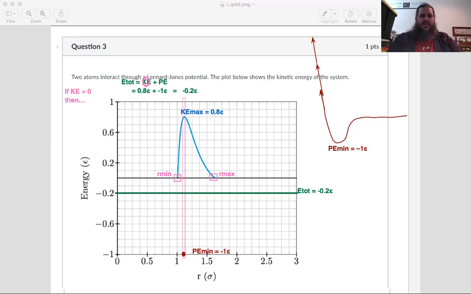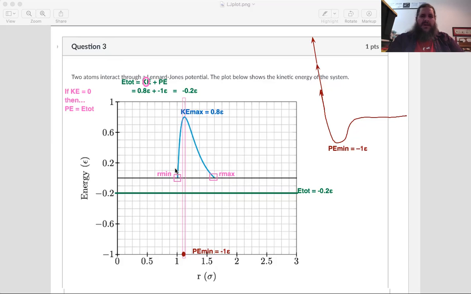What's left in the equation? Well, remember, potential energy, oh yeah, in this case, potential energy at that location is -0.2. Generally, if kinetic energy is 0, then potential energy is E total, at least at that location. And yes, that's correct, that is -0.2.